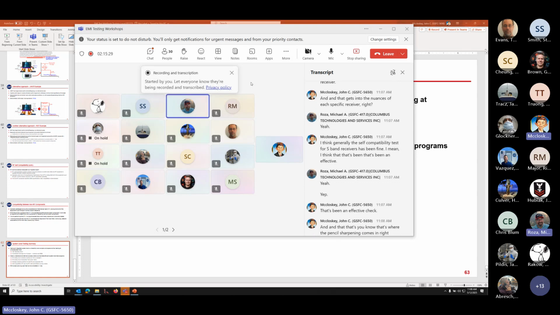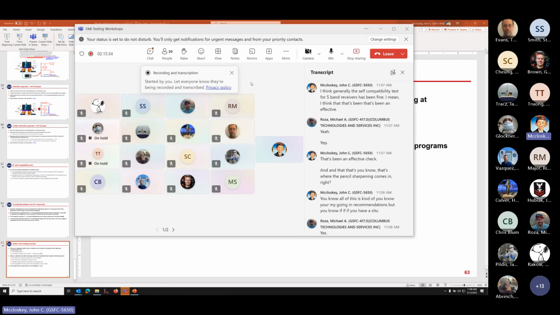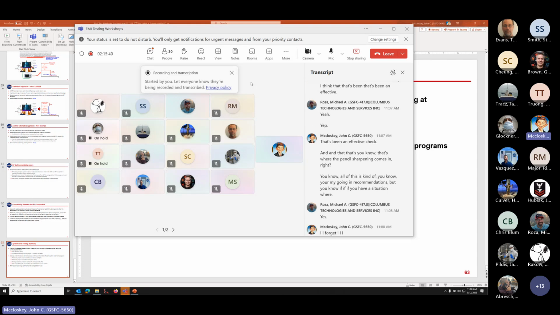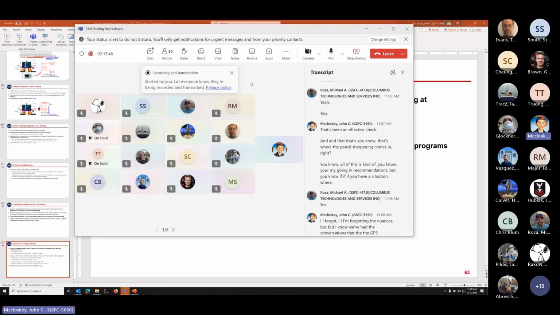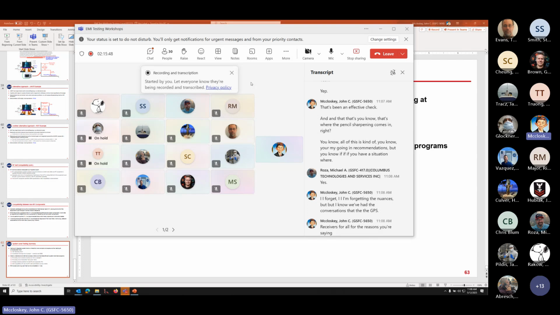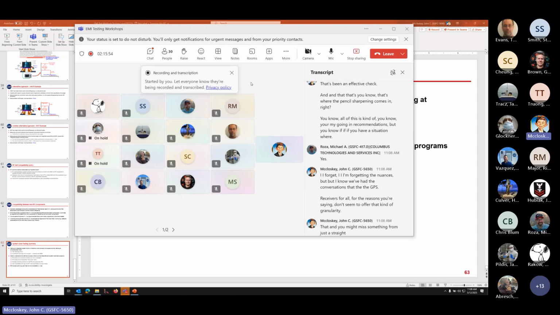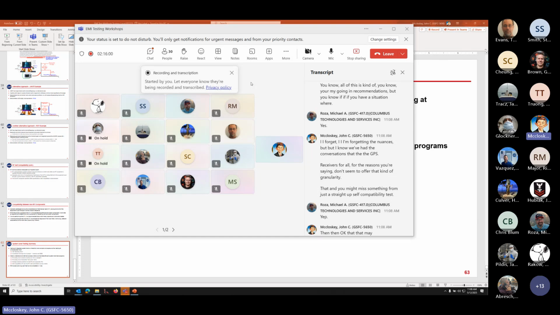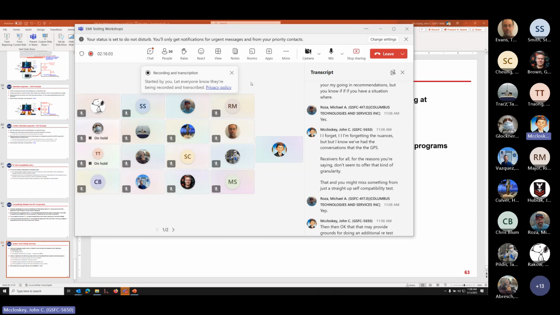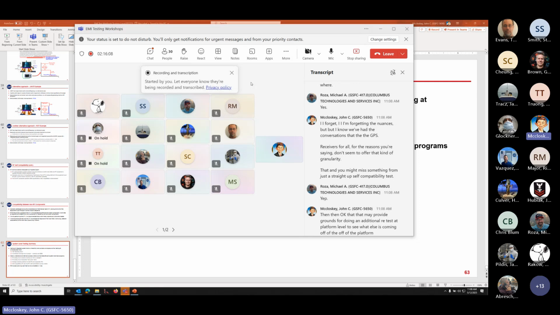All of this is my going-in recommendations, but if you have a situation where, I'm forgetting the nuances, but I know we've had the conversations that the GPS receivers, for the reasons you're saying, don't seem to offer that kind of granularity, and you might miss something from just a straight up self-compatibility test, then that may provide grounds for doing an additional RE test at platform level to see what else is coming off of the platform that might land in those receiver bands.